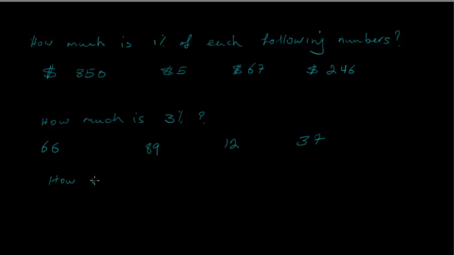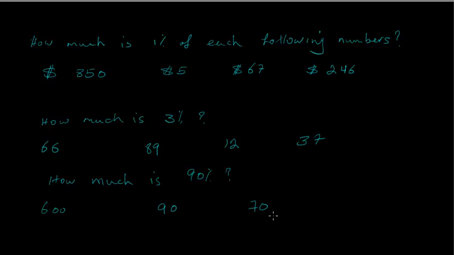Now, how much is, let's say, 90% of the following numbers? 600, 70.